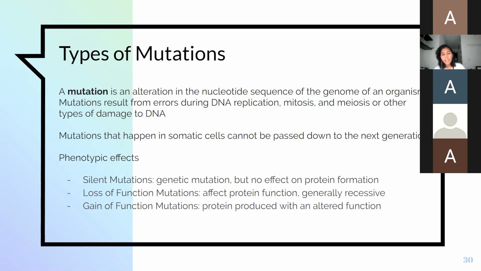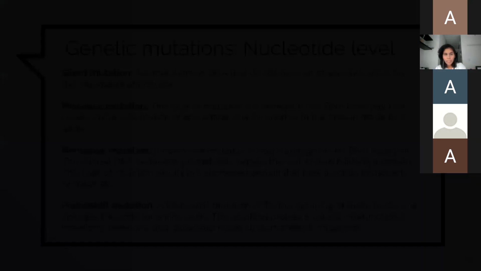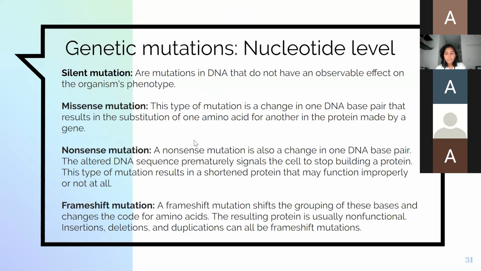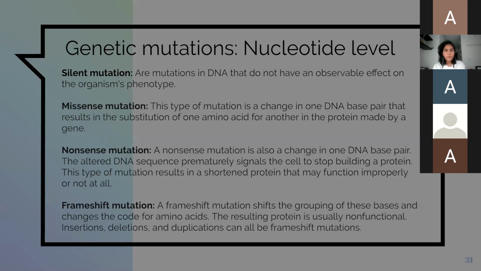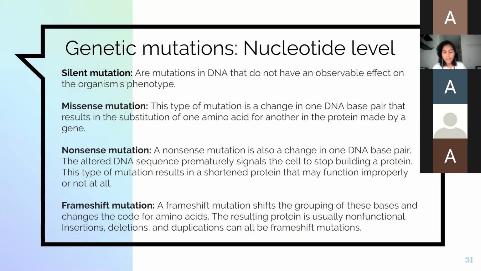Then you have gain of function, which means a protein has a more produced function or an altered function. These are the different types of mutations, so we'll go through them slowly, and I'll show you a picture in the next slide that illustrates what I'm trying to say.